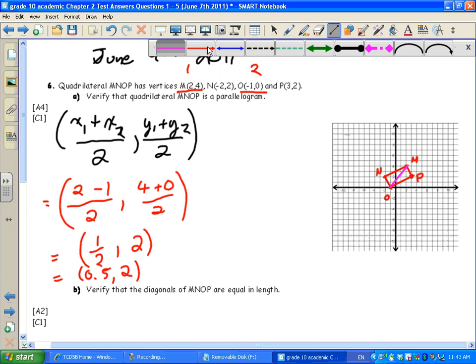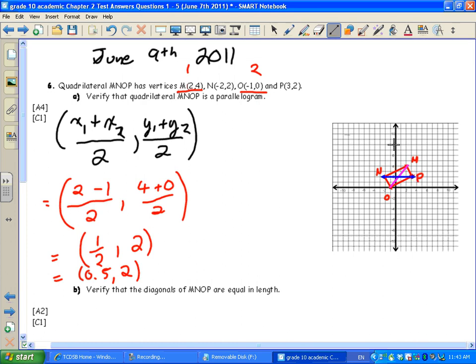The other midpoint we're going to find is from point N to point P. Exact same formula, but I'll do this one in blue. x1 plus x2 divided by 2. y1 plus y2 divided by 2. Okay? We're using N and P this time. Those are our two opposites.